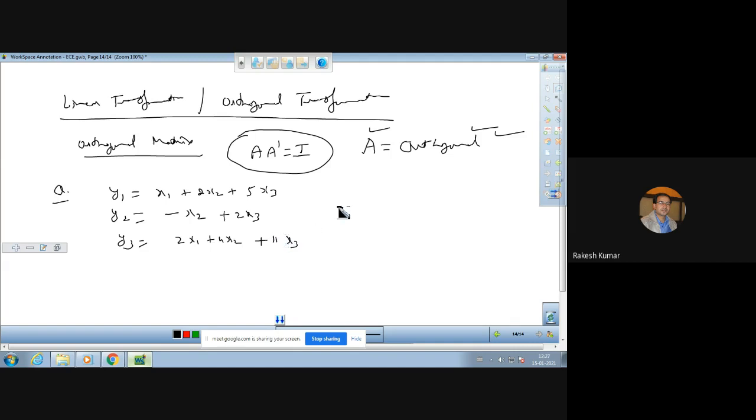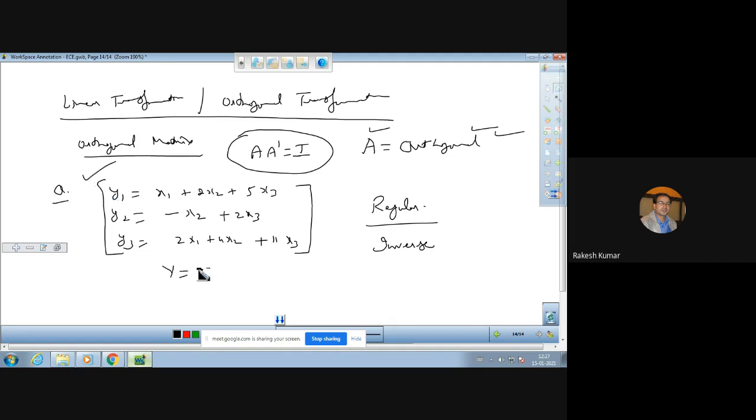And you have to prove that this transformation is a regular transformation. This is a new thing. Also, in the second part, you need to find the inverse of this transformation.